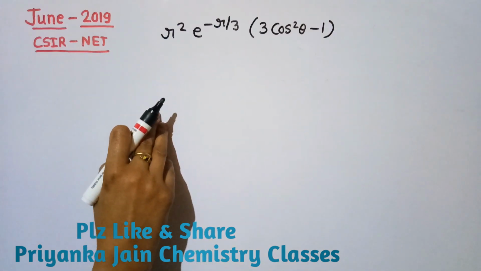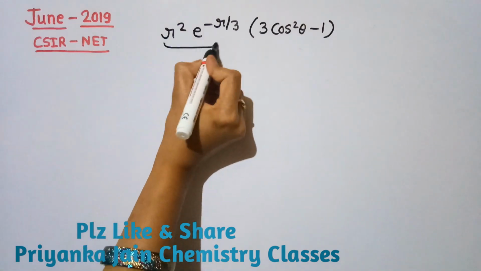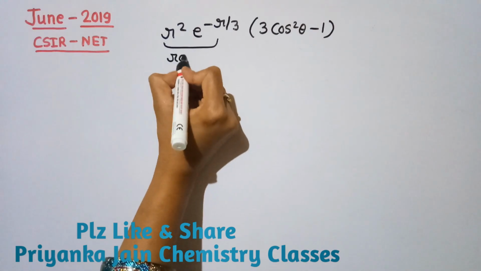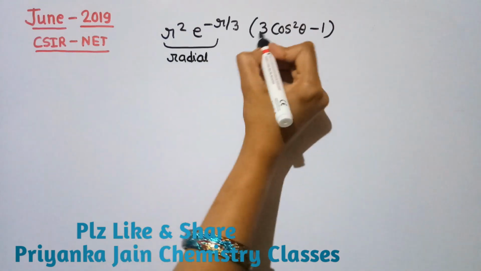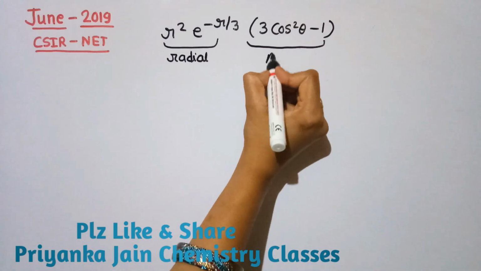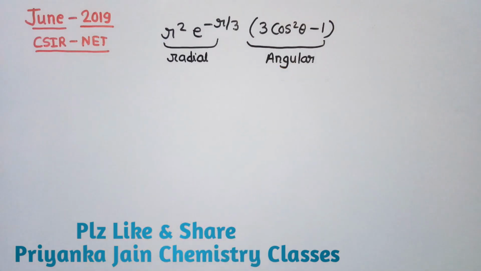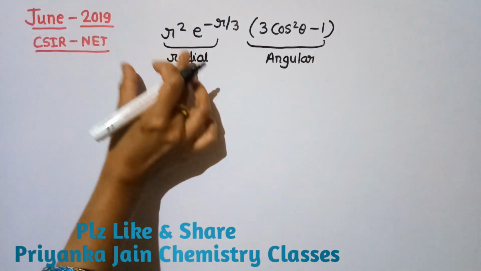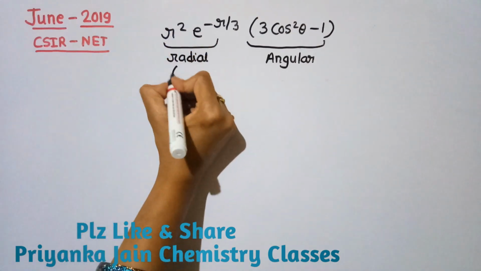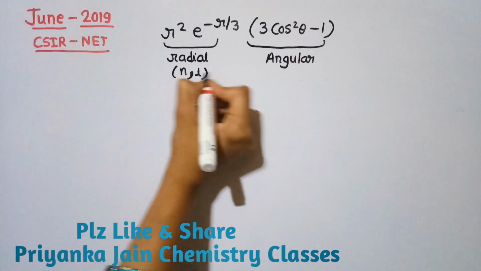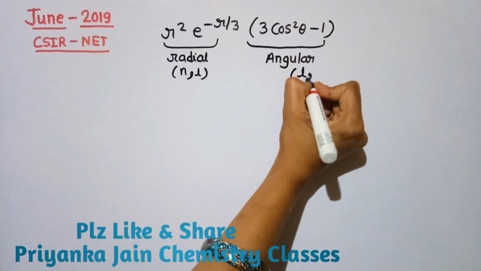Firstly, understand that this is the radial part and this one is the angular part. From the radial part we can find the values of n and l, and from the angular part we can find the values of l and m.